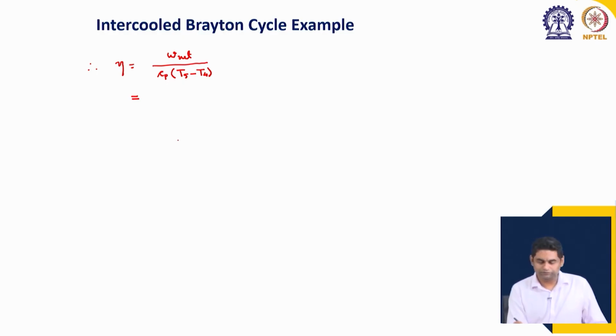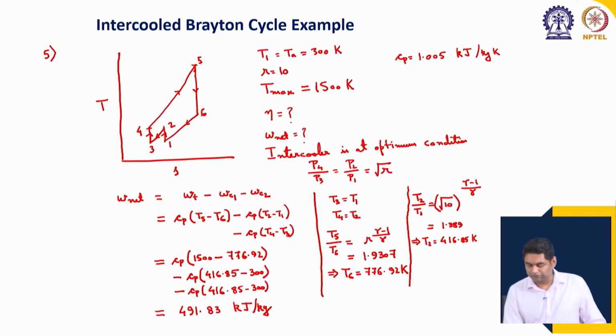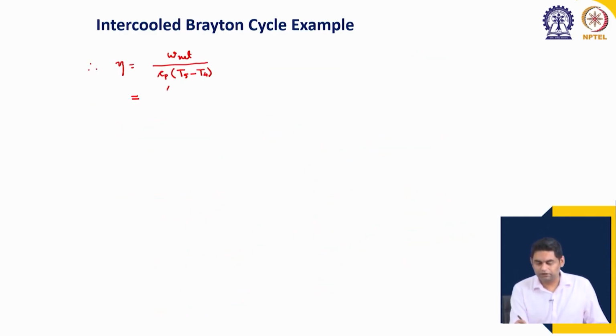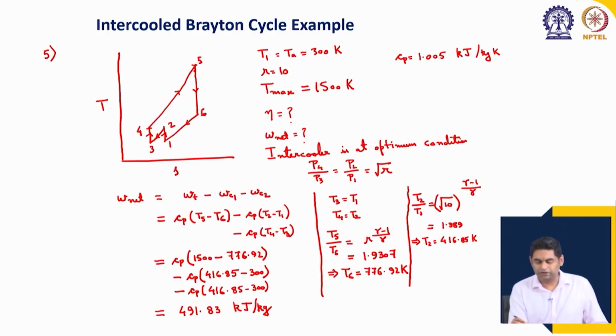So, W net we have found 491.83. Cp we already know 1.005 kilojoule per kg Kelvin. T5 is the maximum temperature 1500 and T4 is equal to T2, right. So, T4 is equal to T2, which is 416.85.